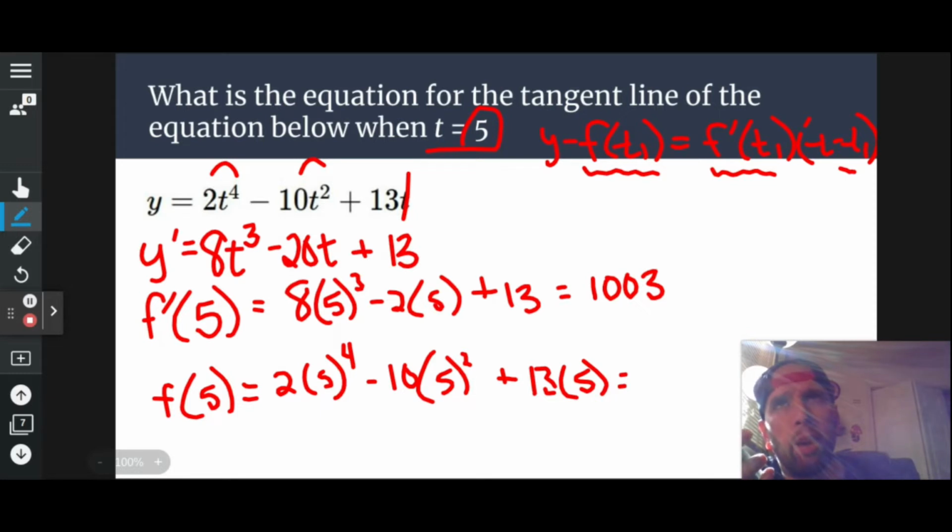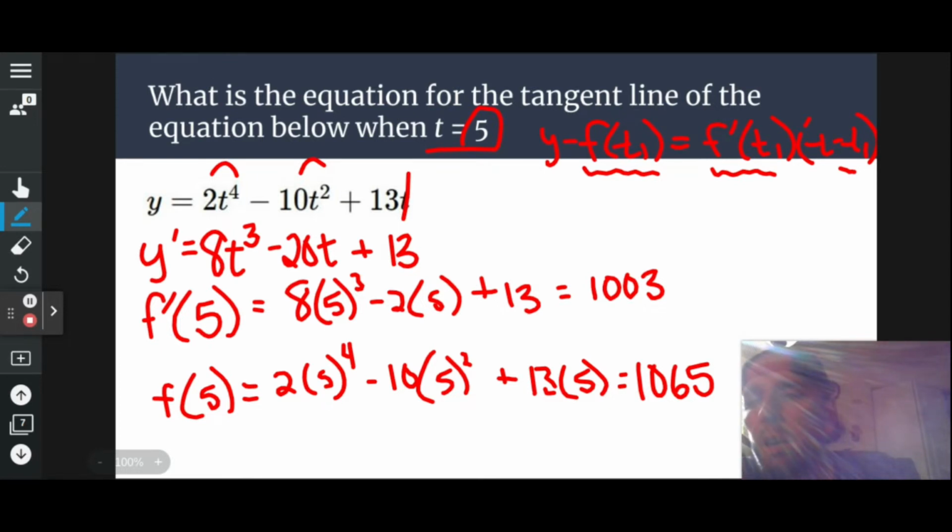Two times 5 times 5 times 5 times 5 minus 10 times 5 times 5 plus 13 times 5. That would be 1065. I wonder if this would work. The answer is 1065. That's all good.